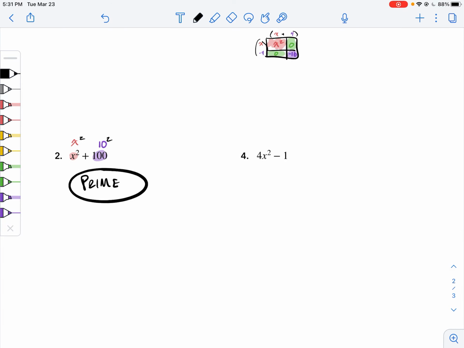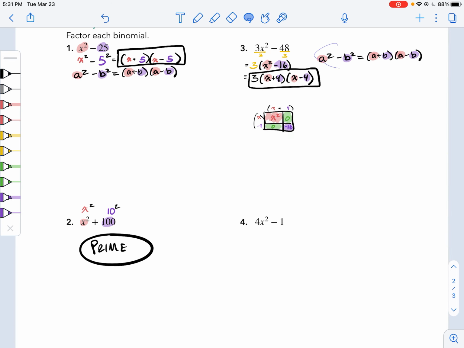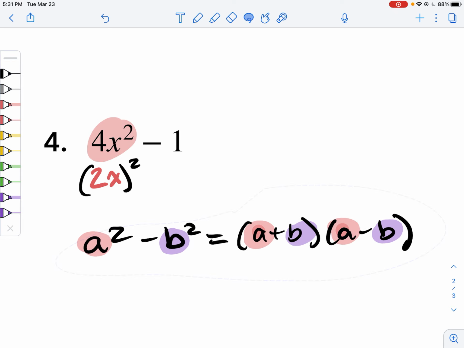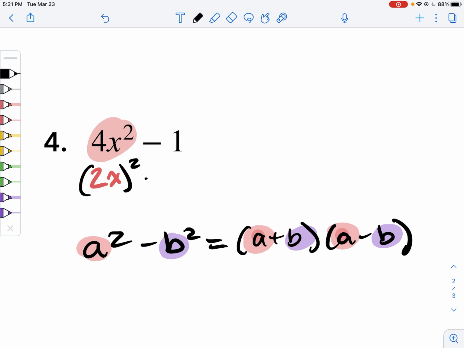Okay, here we go. Does this fit into our difference of squares formula shortcut pattern thing? Let's find out. Okay, 4x squared. Is that something squared? Well, 4 is 2 squared, and x squared is x squared. So this is 2x squared. And 1 is 1 squared.